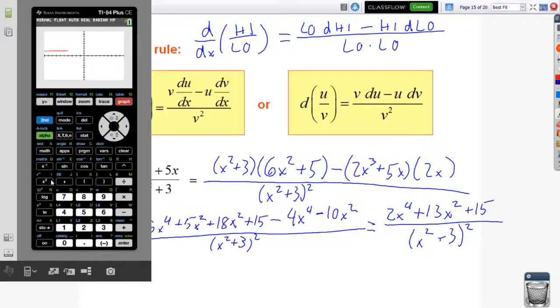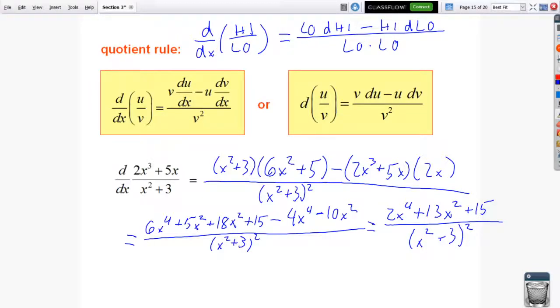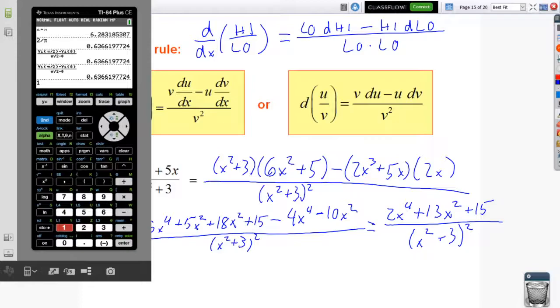Okay, that's going kind of slow. Okay. Not really an interesting looking graph. But I can see as they graph, they end up being coincident with each other at all points. And therefore, what I wanted, which was the derivative of that first function, is equal to what I wrote over here. Because again, I can look into my grapher right here. I'm using this as a checker for myself.